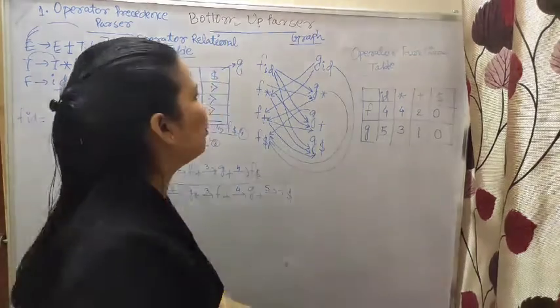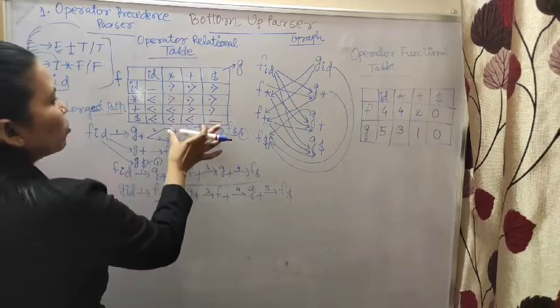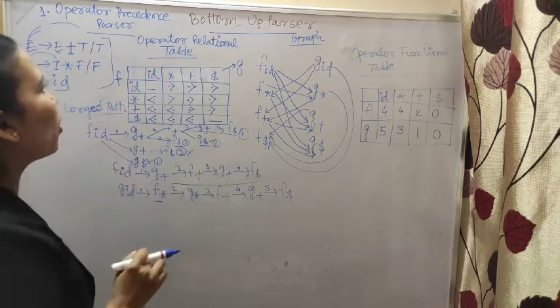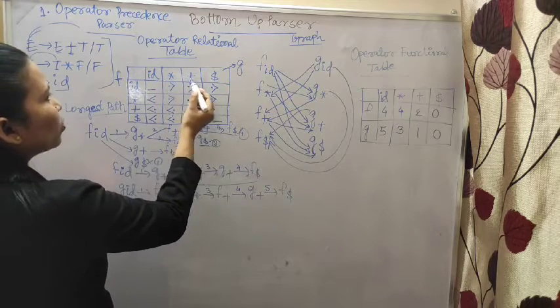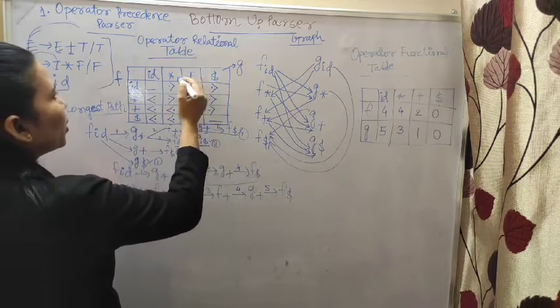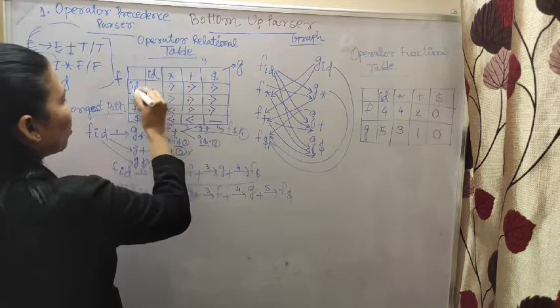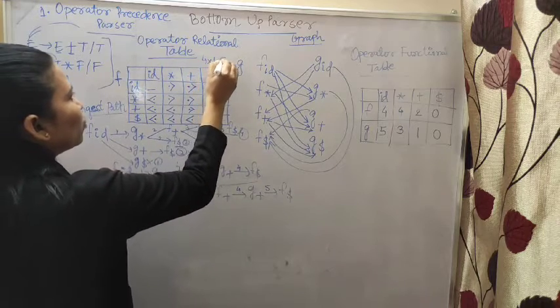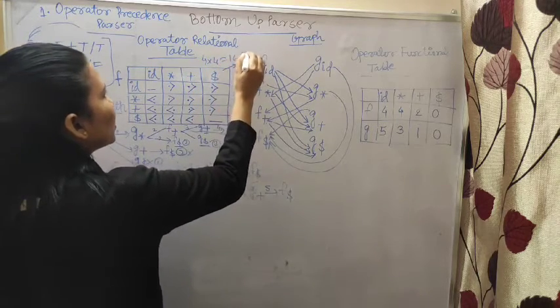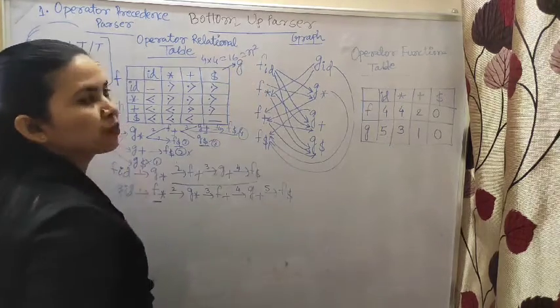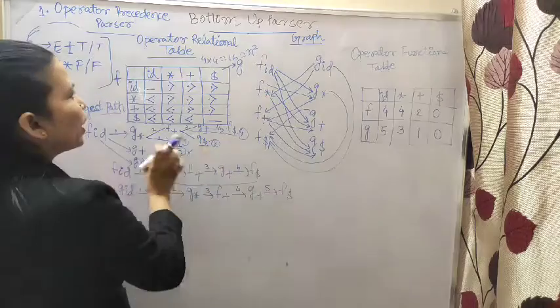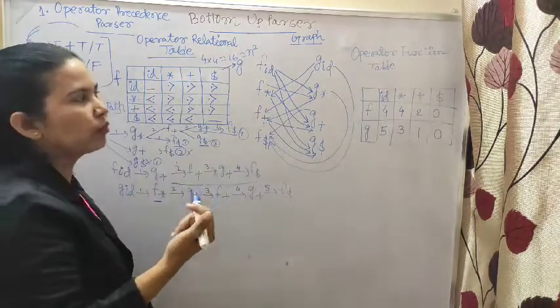Now check the size of the operator relational table. The size of the operator relational table is 1, 2, 3, 4: the column number is 4 and the row number is 4. 4 into 4 equal to 16. So we can say that it is n square. If operators are 5, then obviously 5 into 5 is 25 will come.